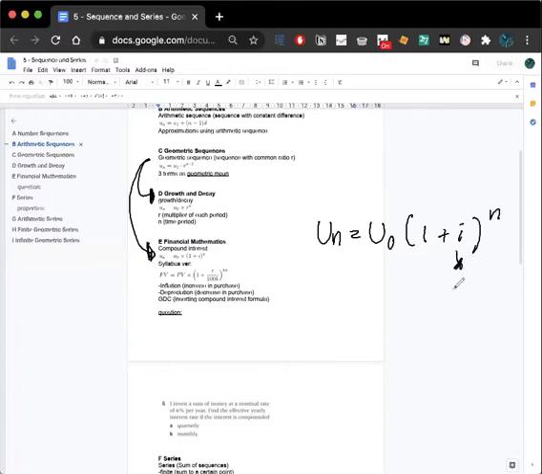This is interest. This is the duration. Commonly, it's in years, but there are exceptions where they use months or weeks. But the common one would be years. And this is the initial money.